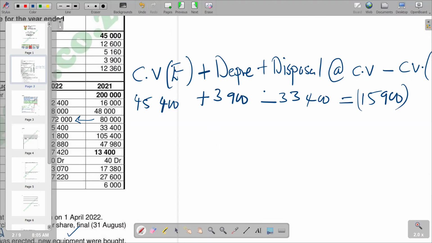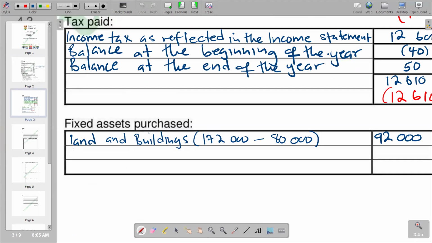As you come to your answer section, you can just summarize that, whereby we are now saying equipment: 45,400 plus our 3,900, then subtract 33,400. And with that, we get your answer as 15,900.